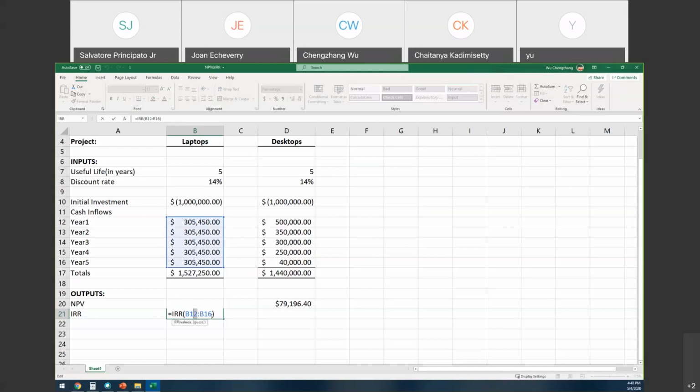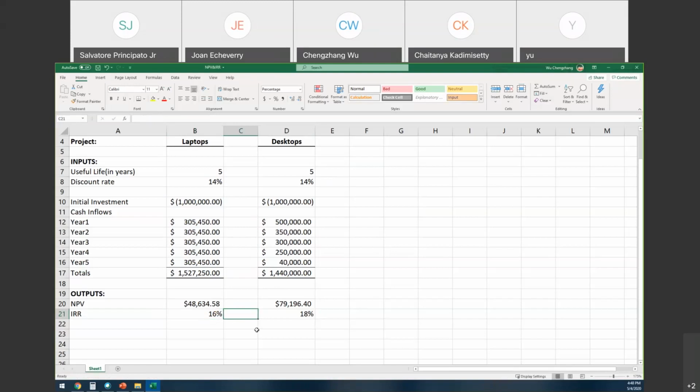Not B12, B10. We need to include the initial investment. Okay, this is 16%, and we copy the formula in this cell to D21, and delete C21.